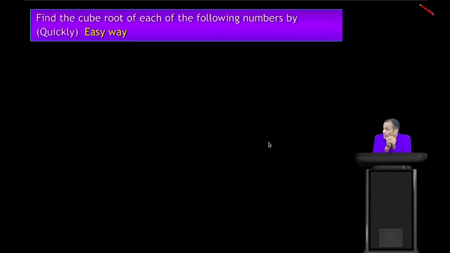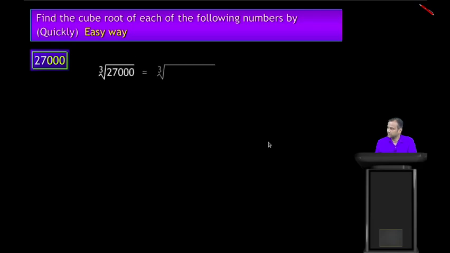Now find the cube root of each of the following numbers quickly. Now we will use an easy way. It can relieve your pain in finding the cube root. So it is 27,000. Now count the zeros. How many zeros are there? 3 zeros.